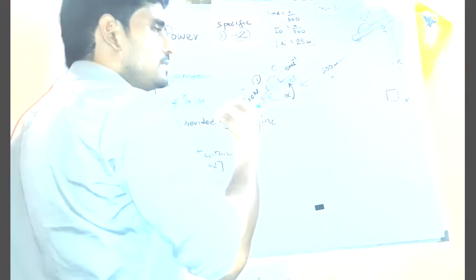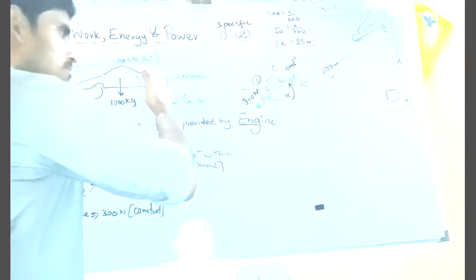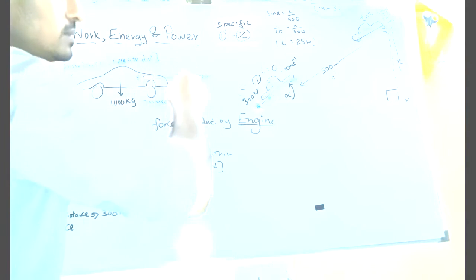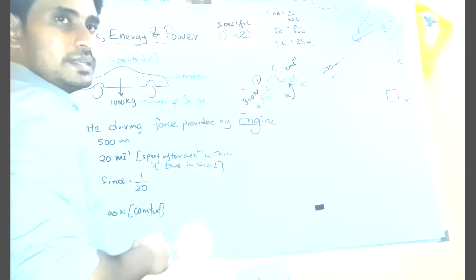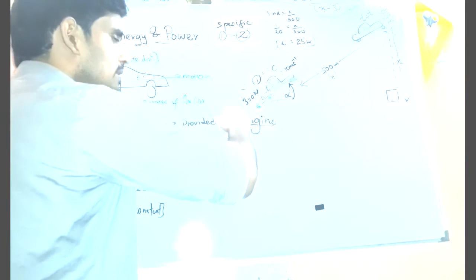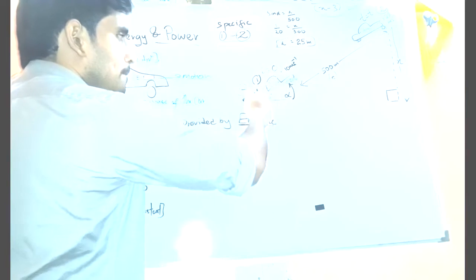Specifically, we need to calculate the driving force provided by the engine in order to reach state 2 from state 1. So what is state 1? State 1 is when the vehicle is entering this inclined road, at an inclination of alpha, at a velocity of 10 meters per second.